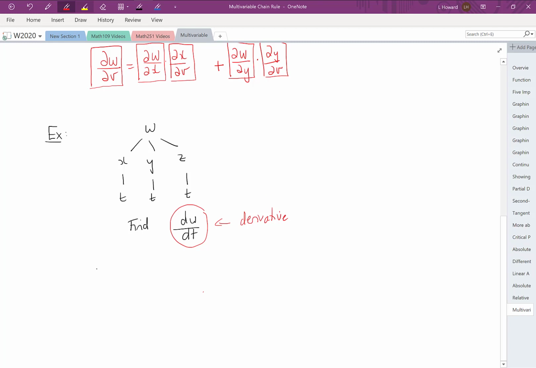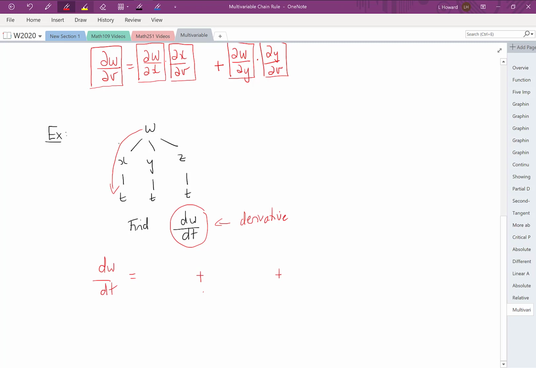Let's try a similar strategy as in our previous example. We're going to look at all the paths in the diagram from w to t. There are actually three different paths. You could go through x, y, or z, and so there are going to be three different terms in this expression. Let's look at the first path.